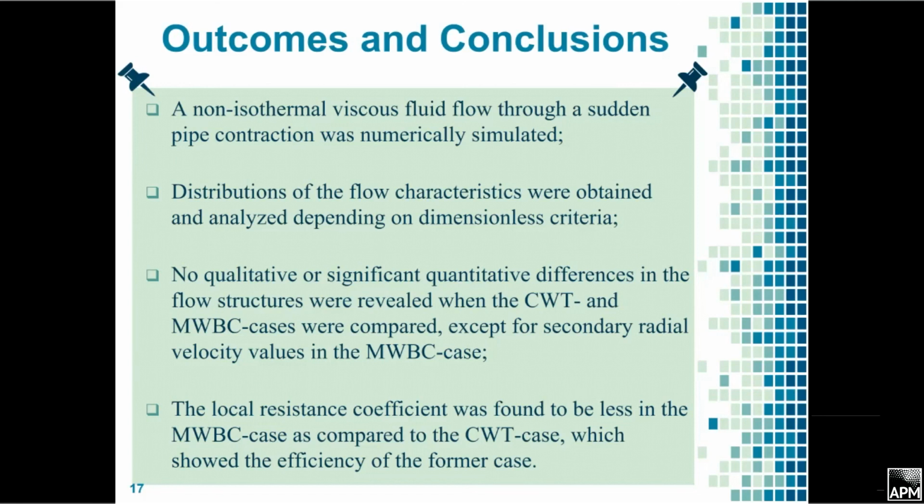We didn't find any qualitative or significant quantitative differences in the flow structures when compared to considered cases, except for the case when we found additional radial velocity distributions. And the local resistance coefficient was found to be less in MWBC case, and we find it more efficient. Thank you for your attention.